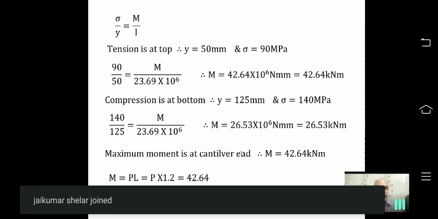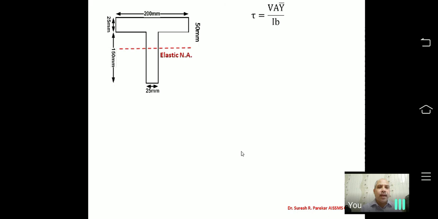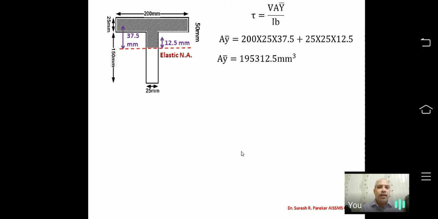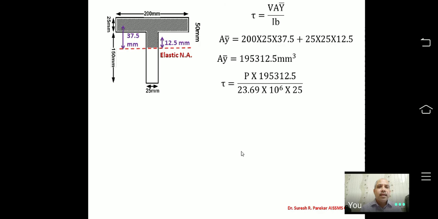Now we will go to the second part. We have tau equal to V A y bar upon I B. Now we have to take A y bar. I have shown the portion which is dotted, so you will substitute value of A y bar.